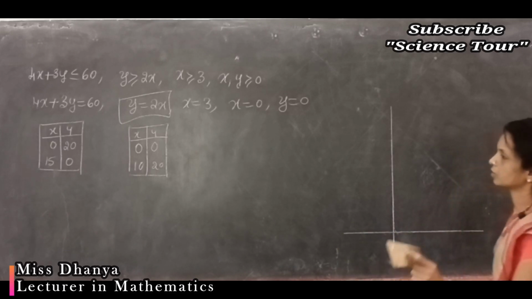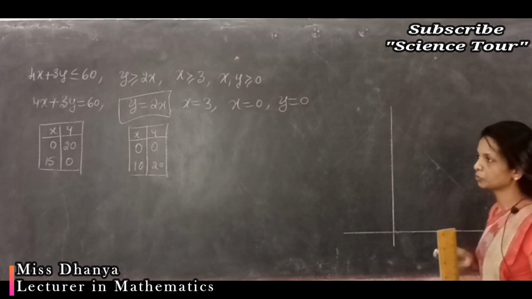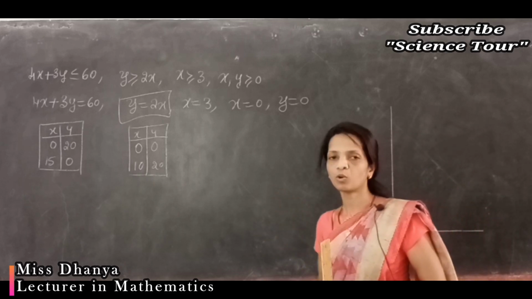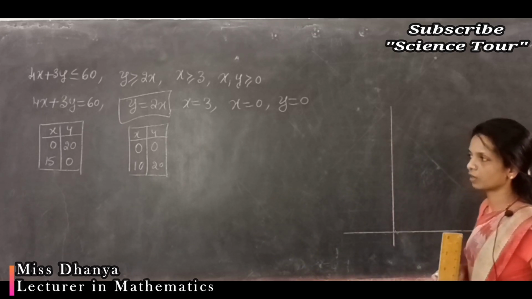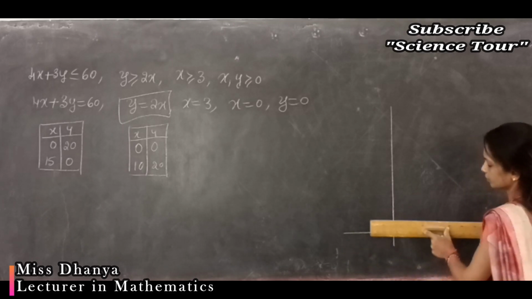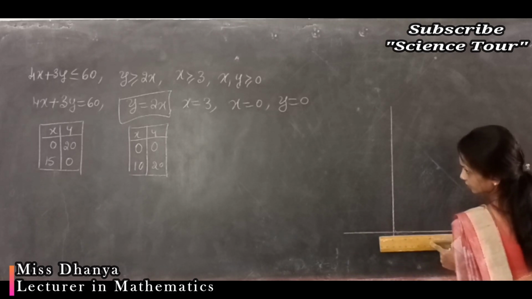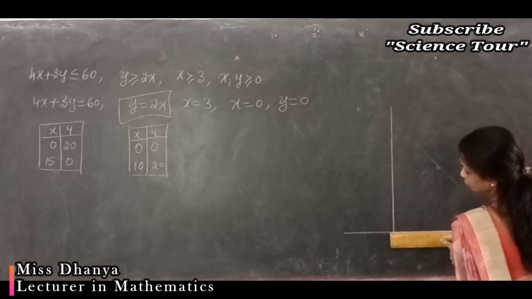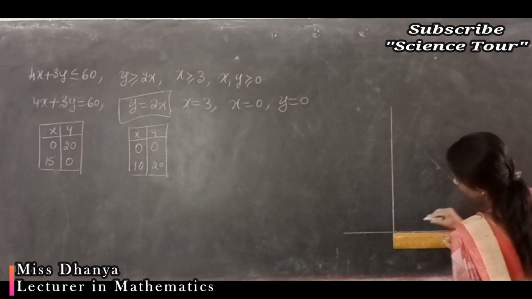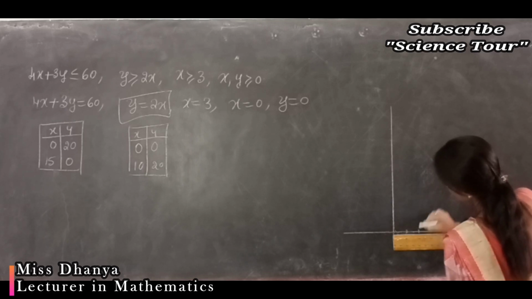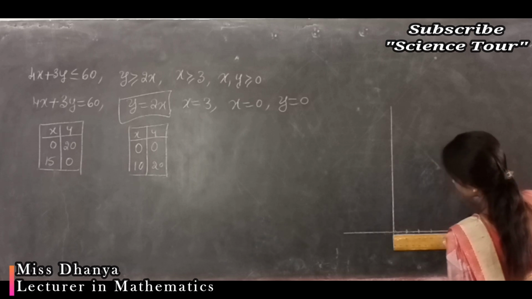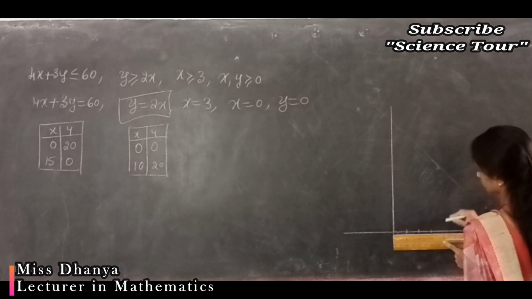And on the x axis you need up to a maximum value of x, which is 15, okay, and the maximum value of y is 20. So on the x axis we have to mark up to 15. I'll take 1 centimeter as 5, 10 like that, okay, 5, 10, 15, like that, 20.